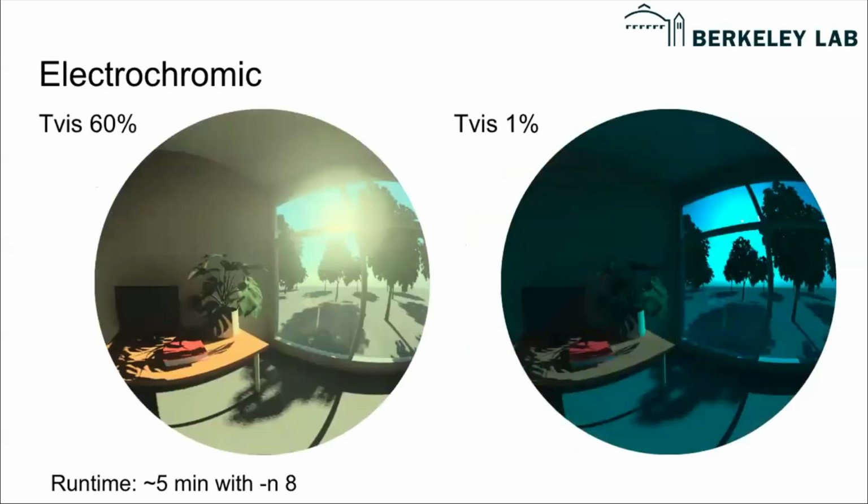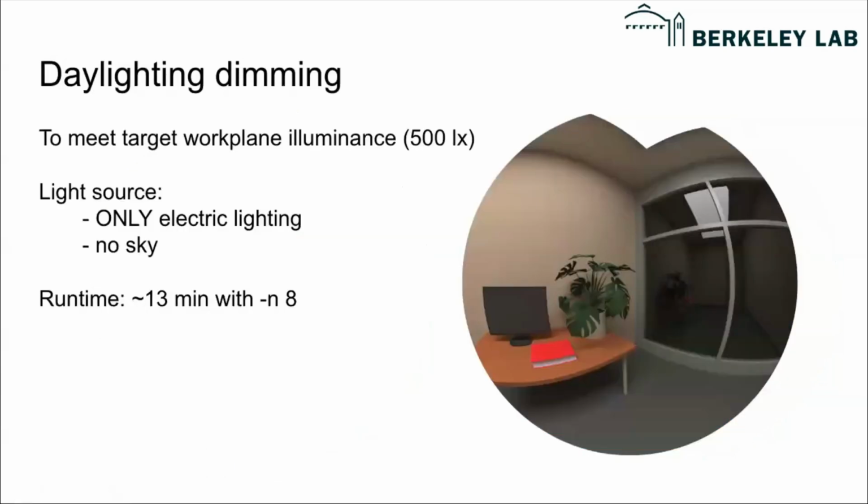So on the left, you're seeing the most clear state it has. The TVIS is 60%, and on the right is the most tinted state at 1% TVIS. The runtime for each of them is about 5 minutes with a processor.